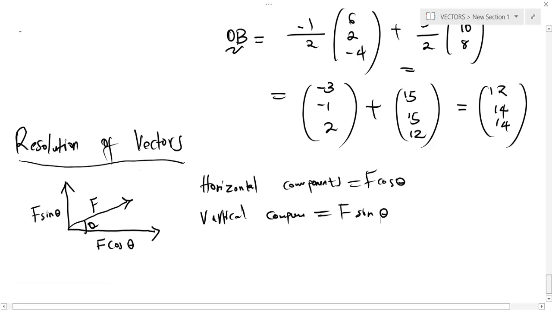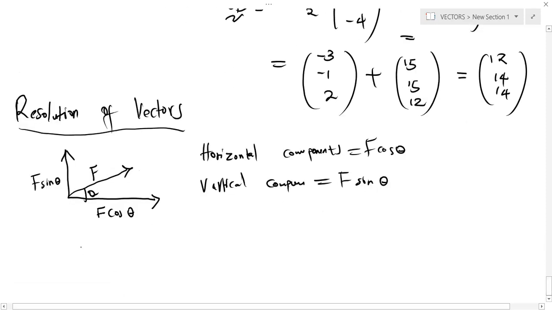Let's just say we have F1, F2. So we have all these vectors here. How exactly do we go about resolving them? Let's say this is our vertical, this is our horizontal.